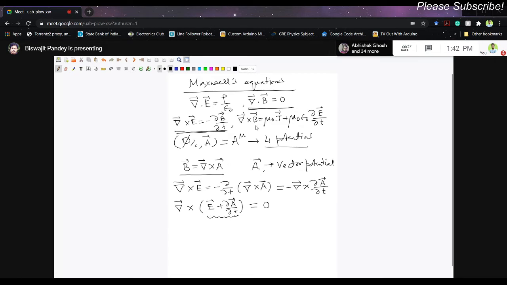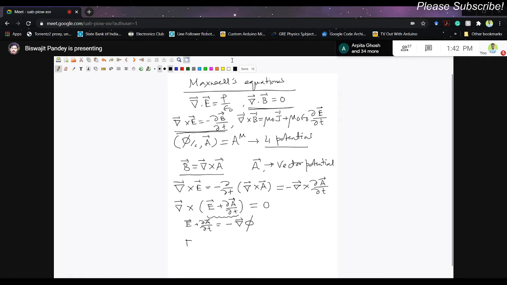So then, following the same logic, that the curl of a gradient has to be 0 from vector calculus, we can write, just like in electrostatics with just another extra term here, E plus del A by del t should be minus the gradient of some scalar function phi, which you usually call scalar potential.